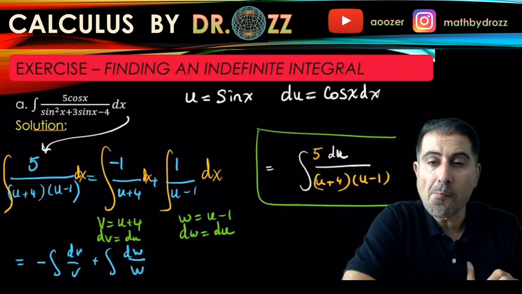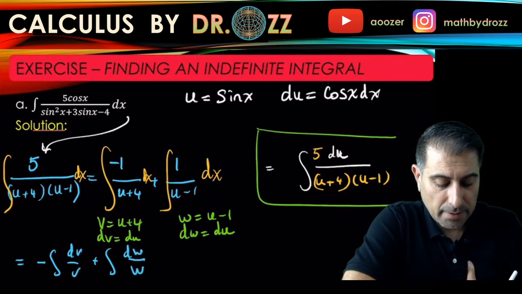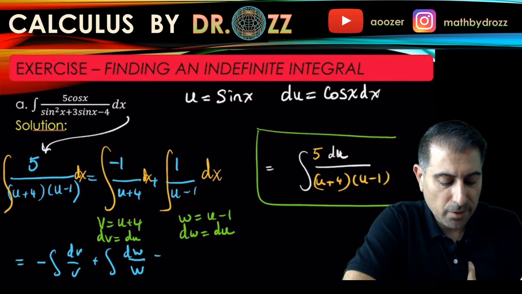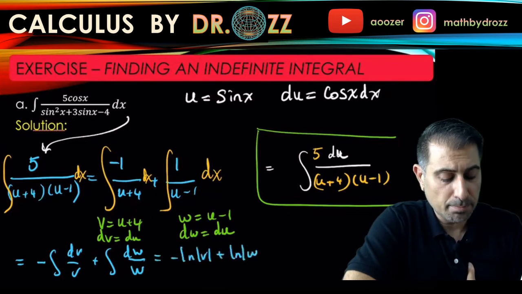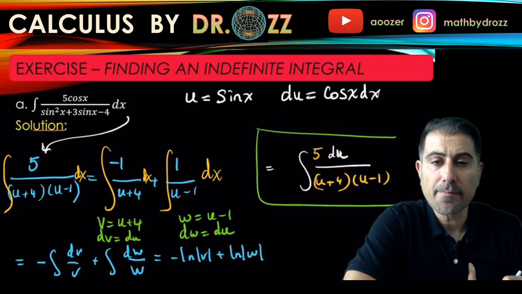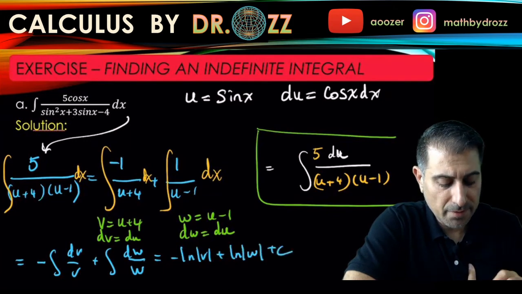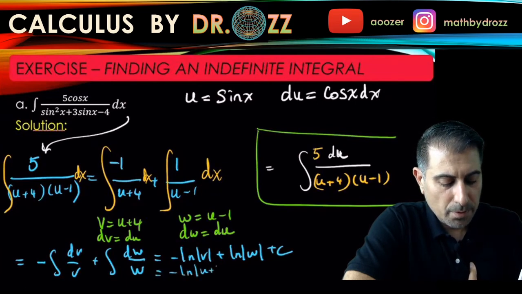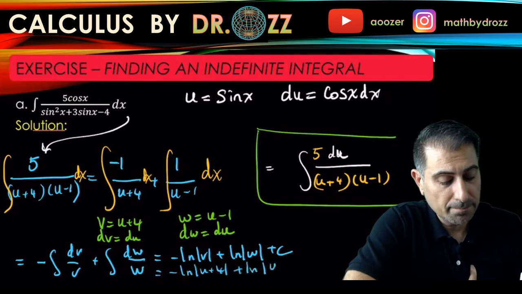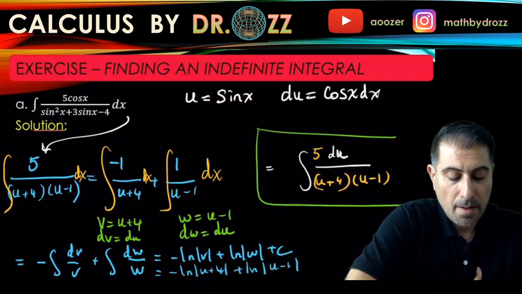That turns out that you have minus ln absolute value of v plus ln absolute value of w, plus c. Putting the u's back, minus ln absolute value of u plus 4 plus ln absolute value of u minus 1 plus c.